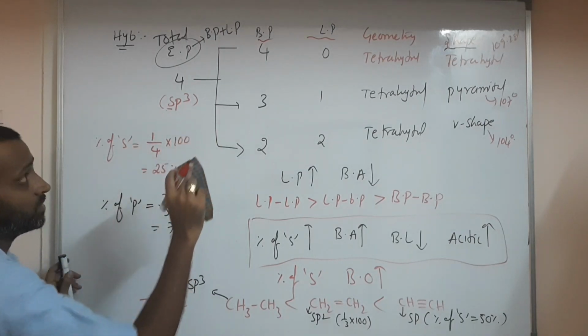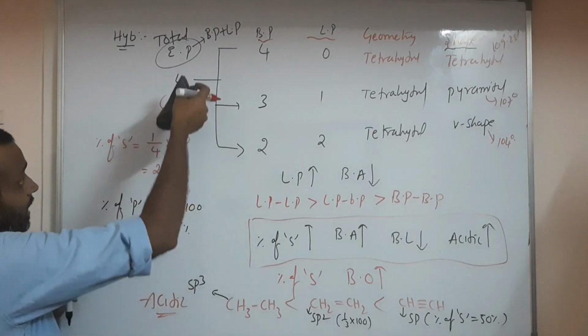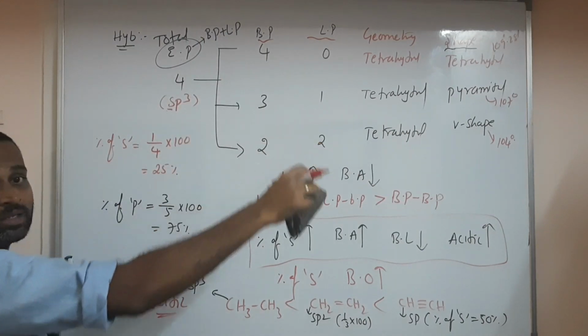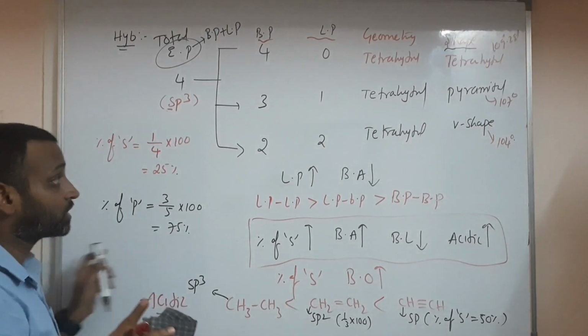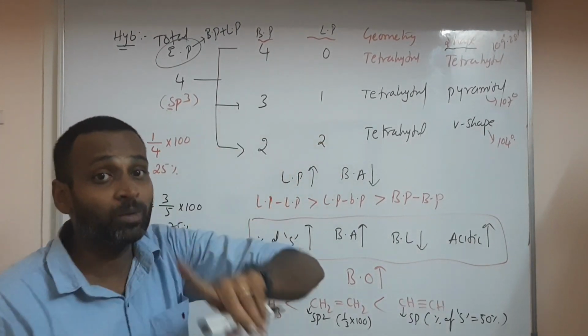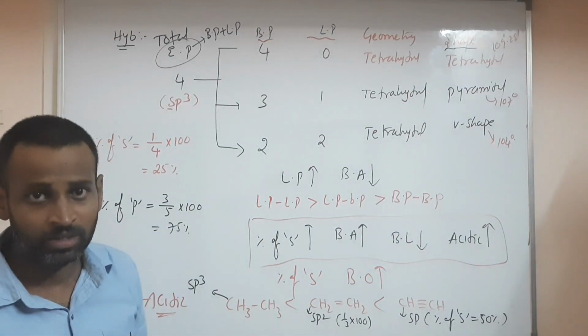Not only this, due to lack of time, I'm giving it like this. Even when the number of electron pairs is 5, what are the shapes and what are the geometries? Shape depends on lone pairs, but geometry depends on the total number of electron pairs.